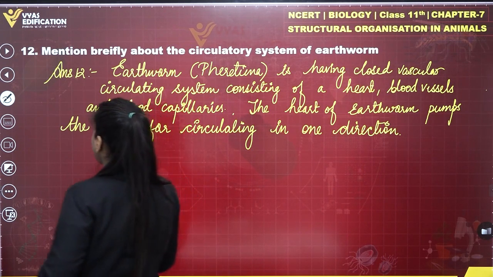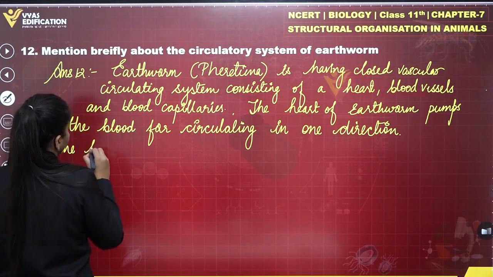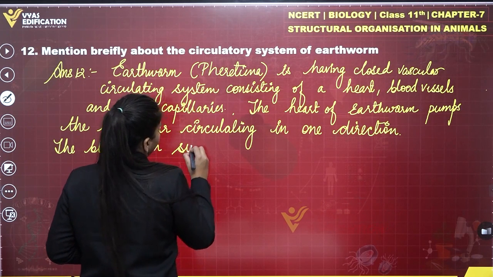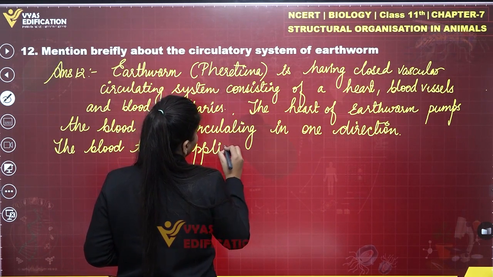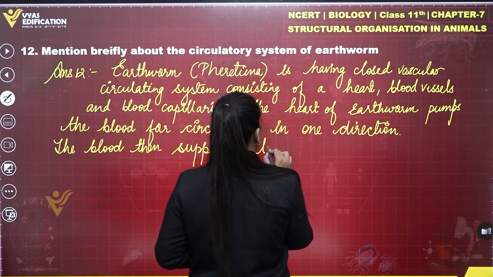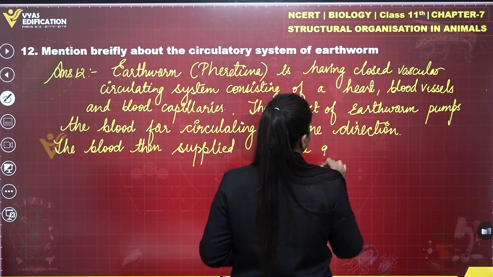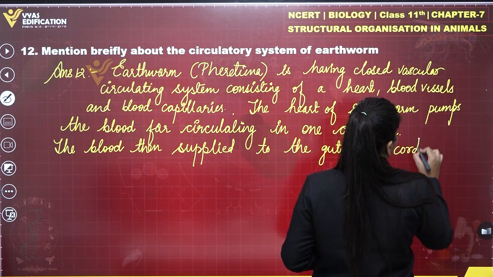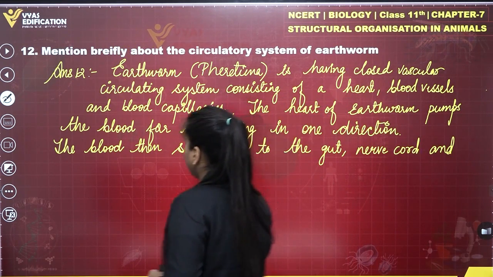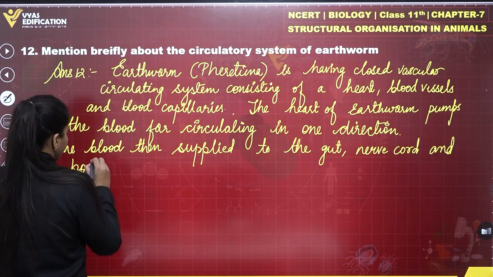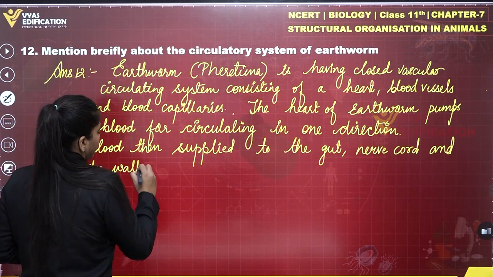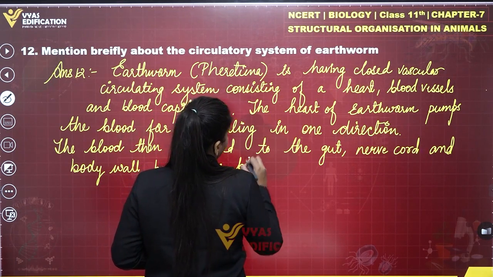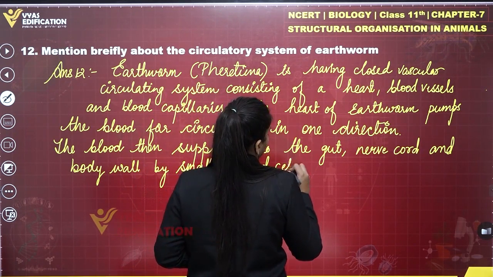The blood is then supplied to the gut, nerve cord and body wall by smaller blood vessels, right?